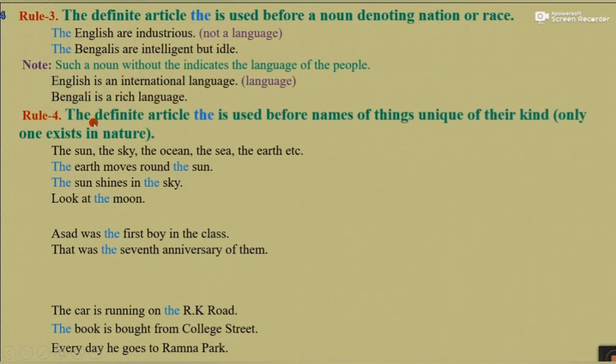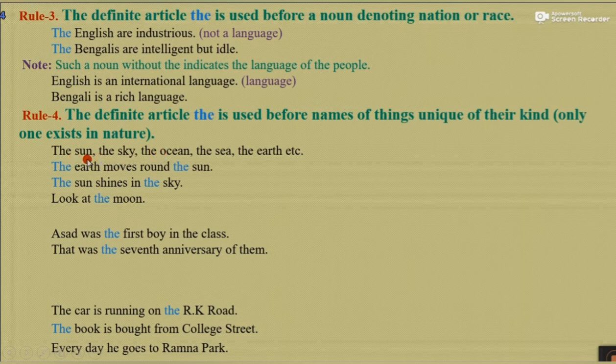Rule number 4: The definite article the is used before names of things unique of their kind. Only one exists in nature. So if the noun is unique, only one exists in nature, so we must use the before the noun.